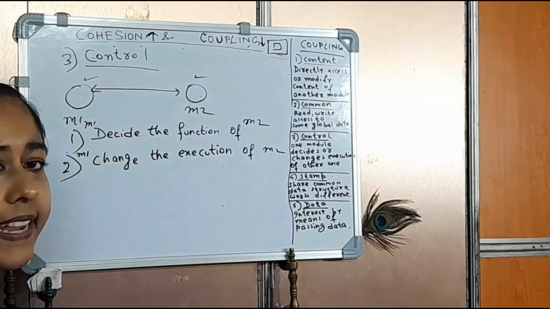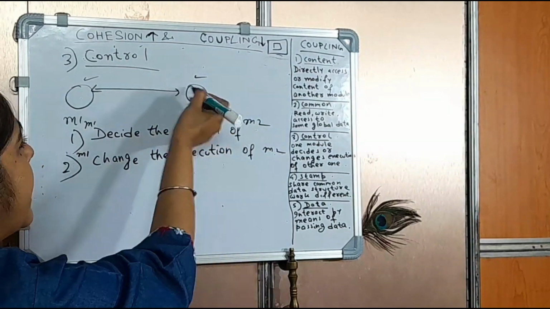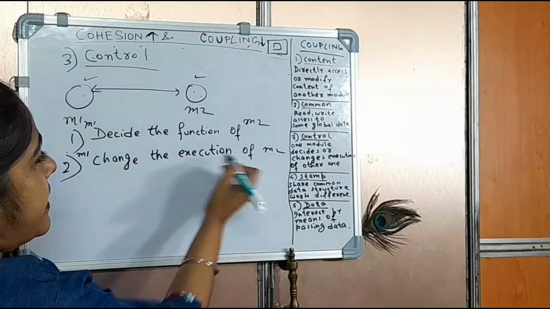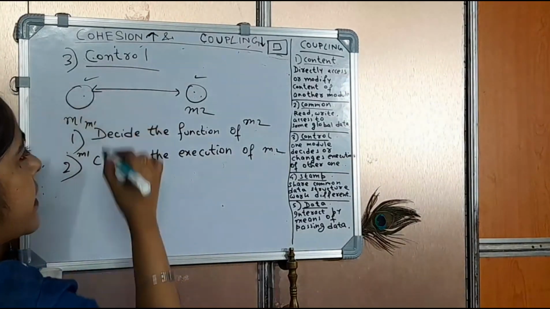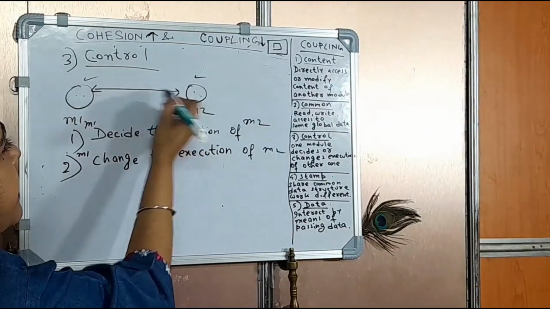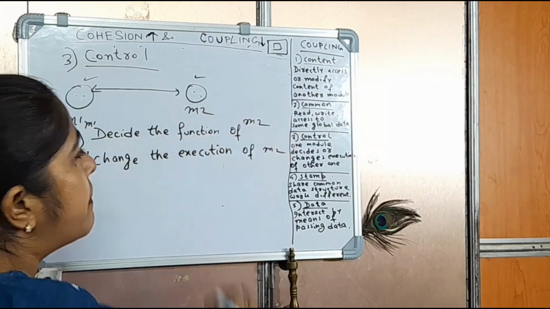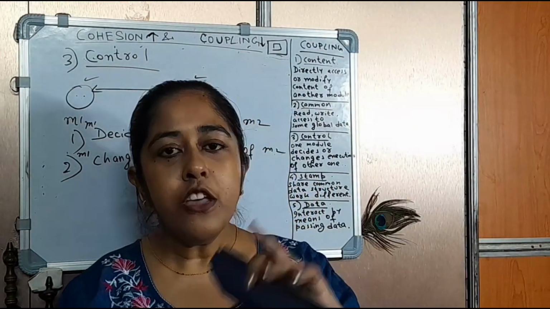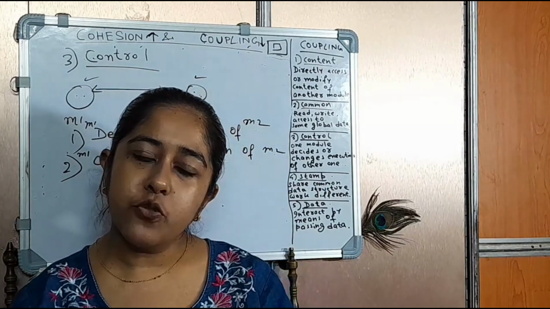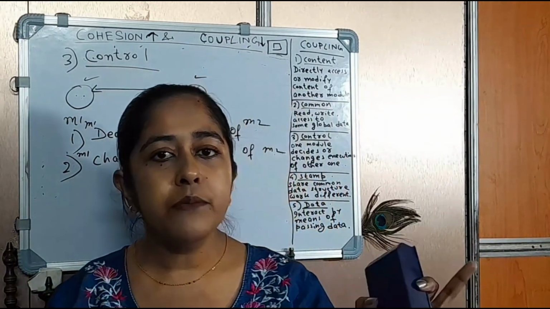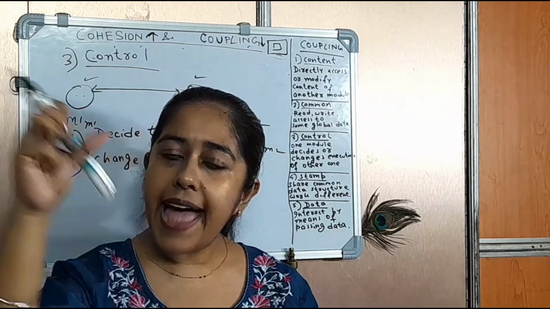Maybe M1 can decide the function of M2, or maybe M2 can decide the function of M1. Second, change the execution. Whatever execution is being done to M1 or M2, each can change the execution of the other one. So this kind of coupling is known as our control coupling, where the control of one module is taken by another module.